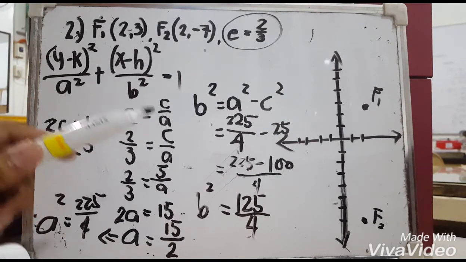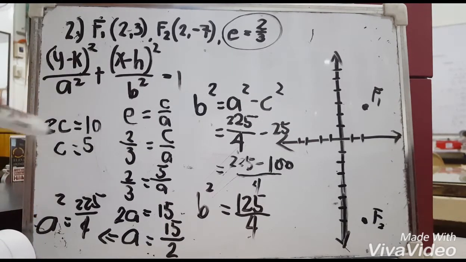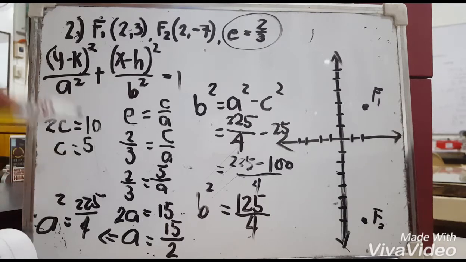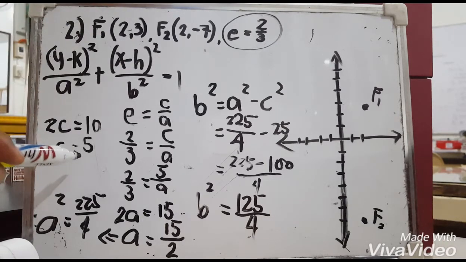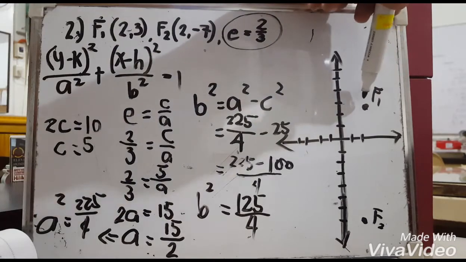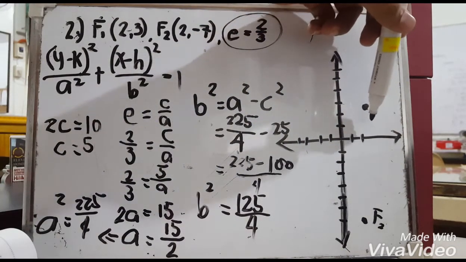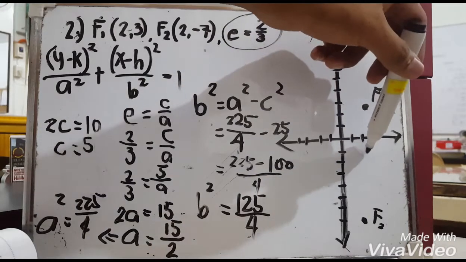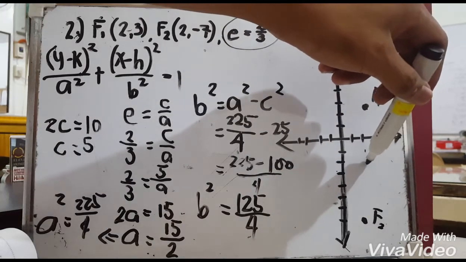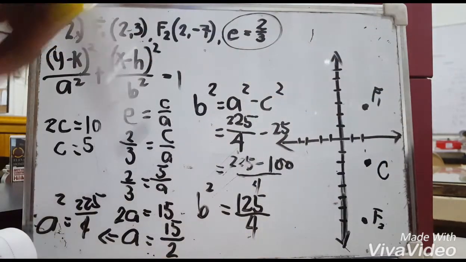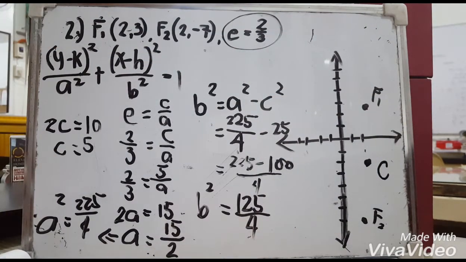So therefore, since c is equal to 5, the distance from the center to the focus is 5, I'll just have to move 5 units from either F1 or F2. So from here, I'll move 5 units going to F2. So we have 1, 2, 3, 4, and 5. So therefore, this one will automatically become the center of the ellipse.